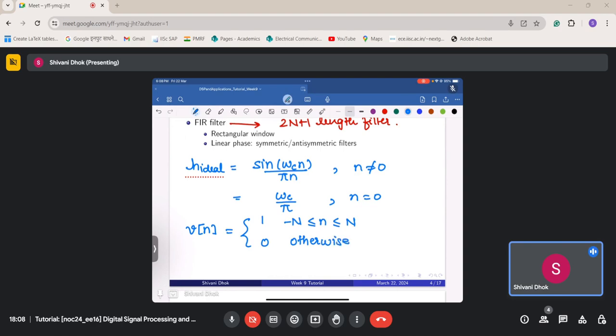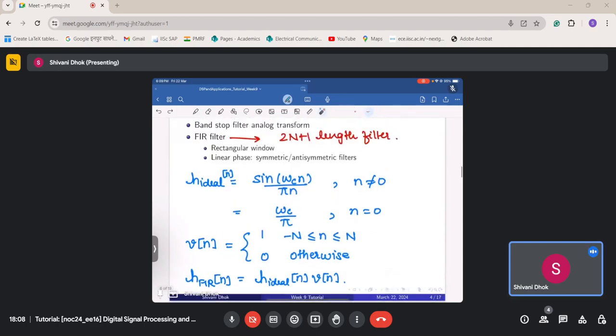And our FIR filter, H FIR of n, is simply the multiplication of this thing and this thing. So this introduces side lobes and other effects which we had discussed well in lecture. These were the broad concepts introduced in this particular week.